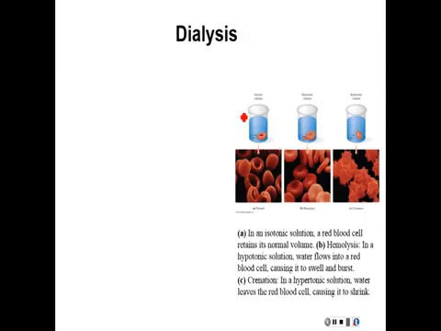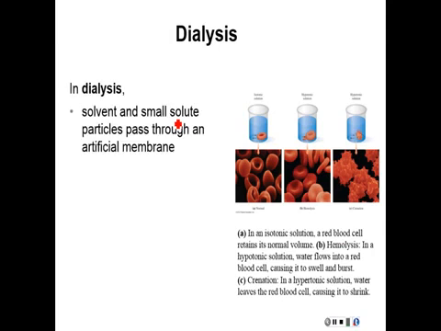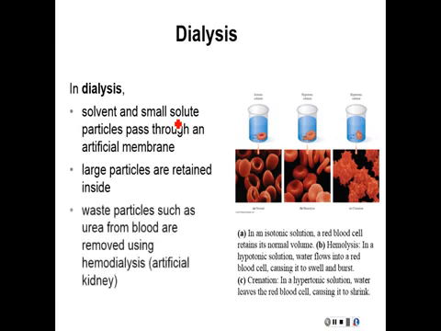Now, in dialysis, solvent and small solute particles pass through an artificial membrane. Large particles are retained inside. Waste particles such as urea from the blood are removed using hemodialysis, which is an artificial kidney. And you can see what's going on up here. Hemolysis, this is really a summary of what we went over before. You might know somebody that's undergoing dialysis, waiting to get a kidney.